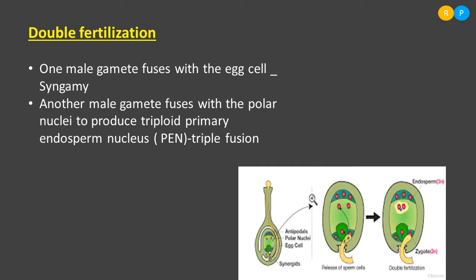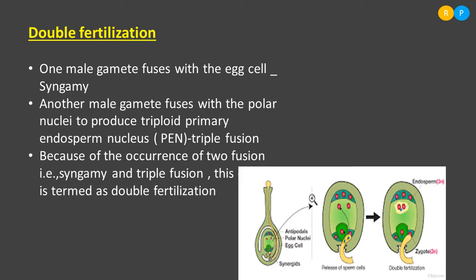Because of the occurrence of two fusions, syngamy and triple fusion, this is termed double fertilization. As I told you, double is nothing but two. So two fertilizations occur at a time. One is syngamy and another one is what? Triple fusion. Because of this, the kind of fertilization is named double fertilization.